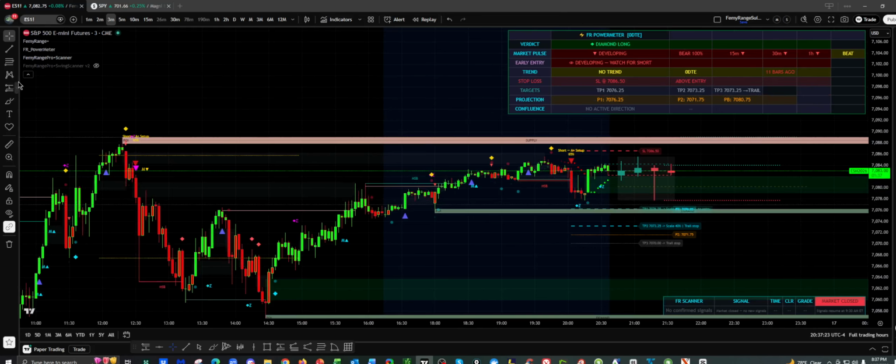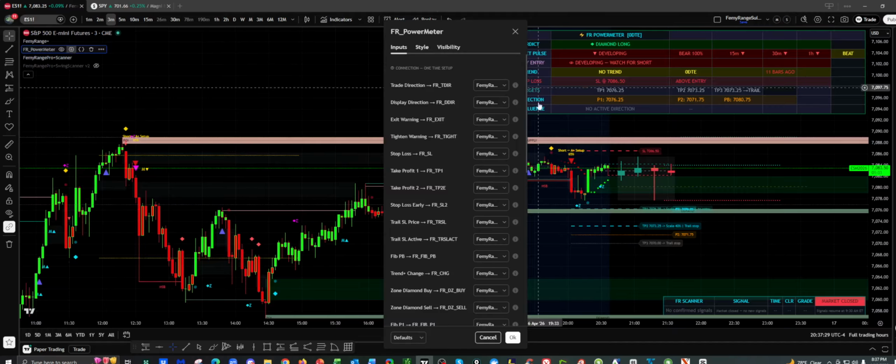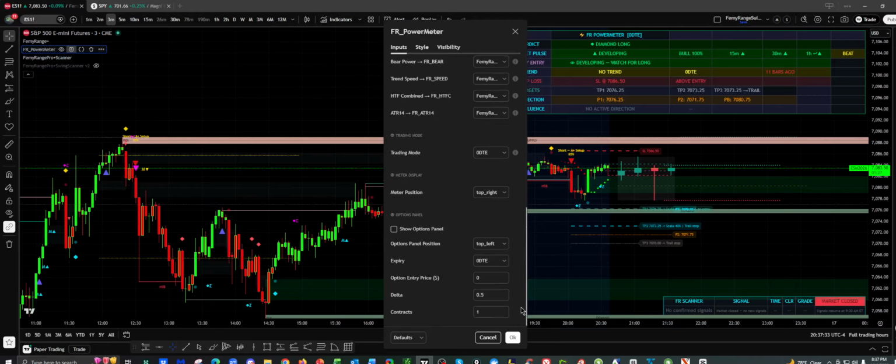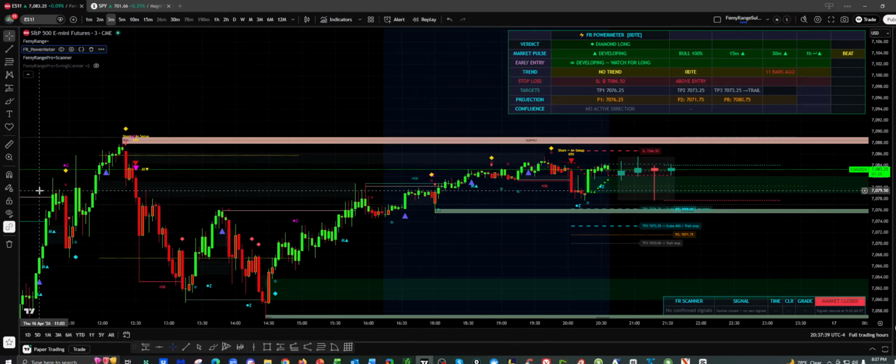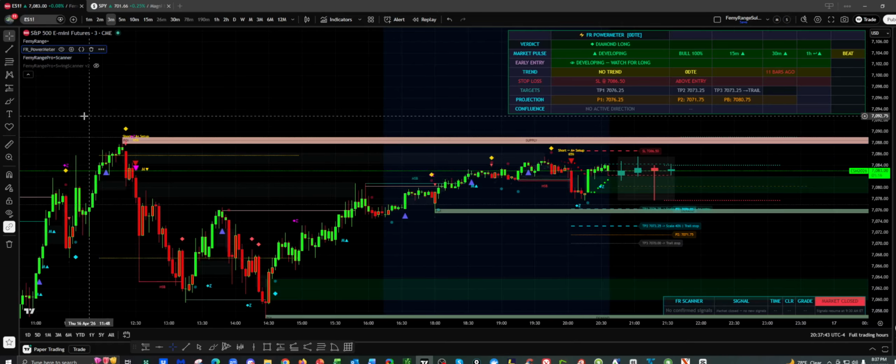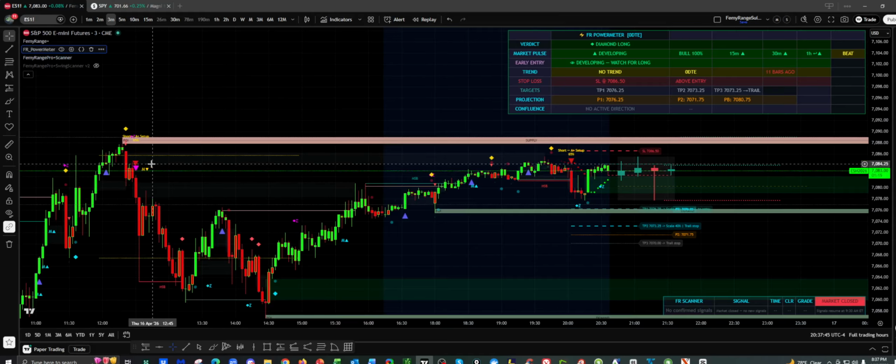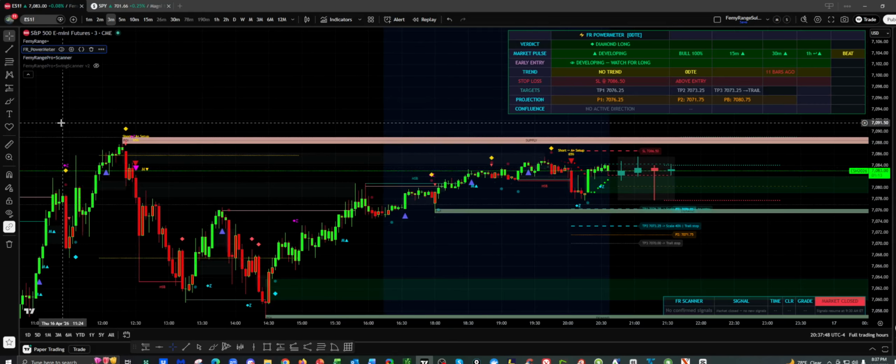Now, the other thing that I didn't mention is something else that the tool has within its power. And I'll show you. It is the option panel. So the option panel gives you the status of the option itself, right? When the option panel is on, it's still loading.